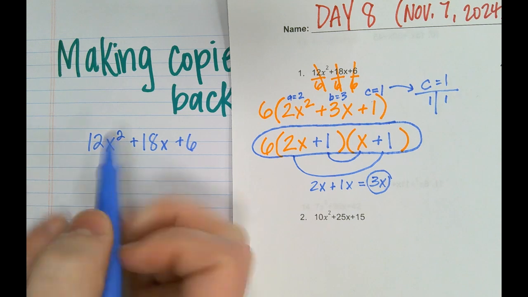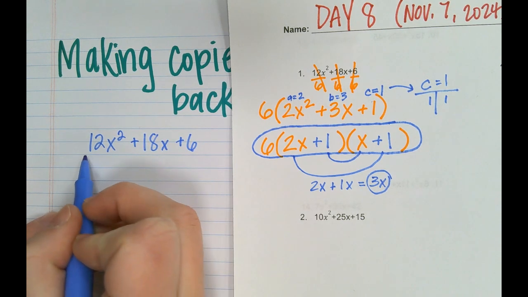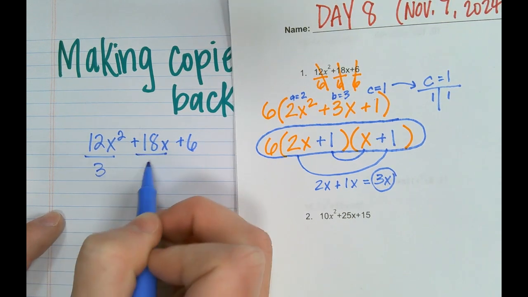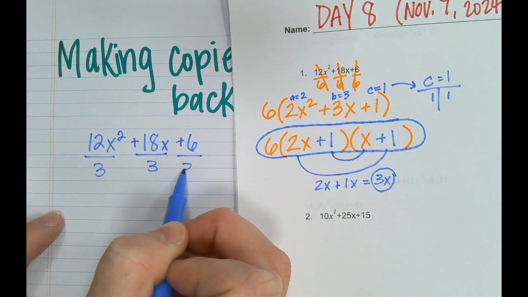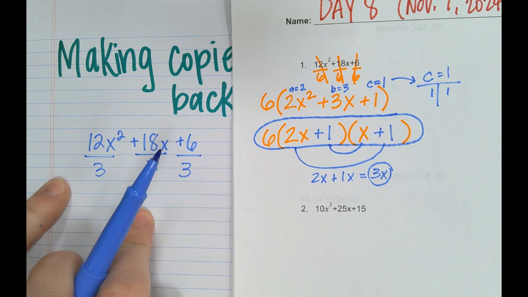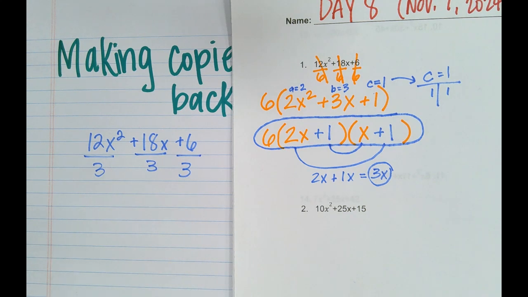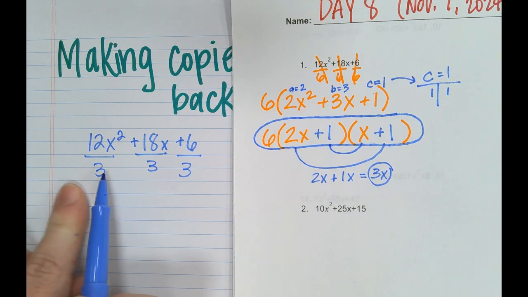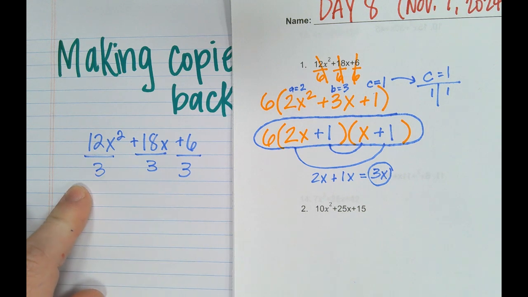So let's say I saw this and thought, okay, I'll divide everything by 3. Here's how we would correct this mistake. So this is an important point, and I'm really glad you asked this. So everybody watch for a minute. Let's say we didn't recognize that 6 was the greatest common factor. We just saw, okay, everything is divisible by 3. We'll try that first.